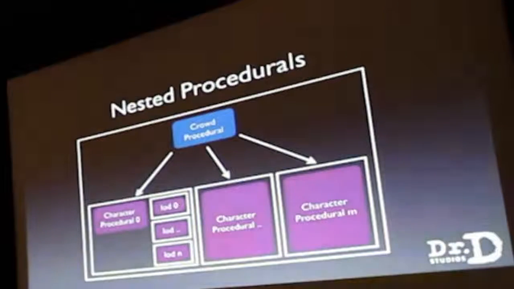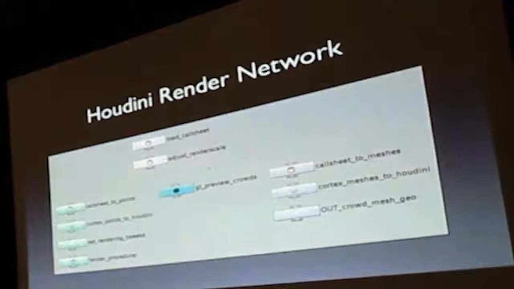And this is an overview of that nested procedural. It's a fairly common thing for programming, this kind of structure. And how the render network looks is more the left-hand side. Basically, we load a call sheet, then I'm able to convert it to points.